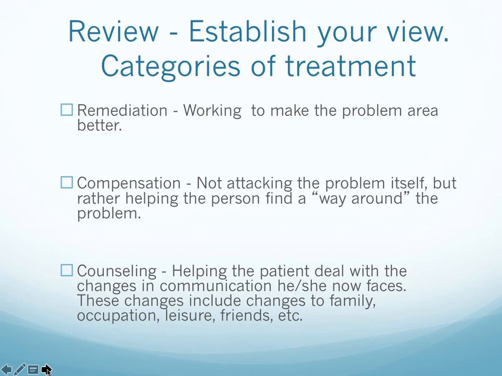We can try to compensate, that is not necessarily trying to make the thing better, but trying to find a way around the problem that can get the person still participating without a specific skill necessarily there. And lastly, counseling, which is to help the person to have an adjustment to the changes in their life, for them to understand their disability, etc. So those are really the three things that we can do.